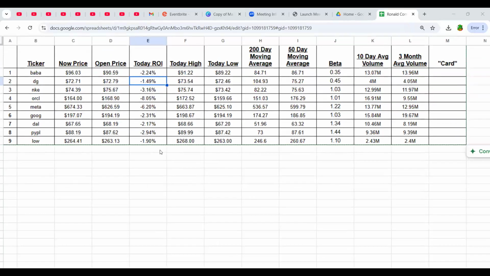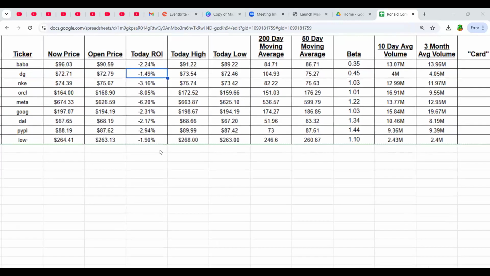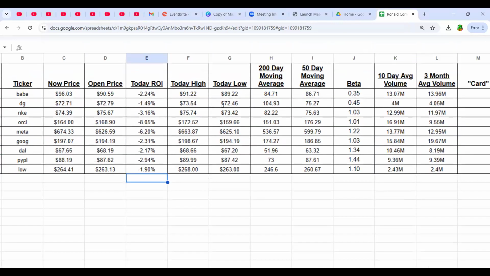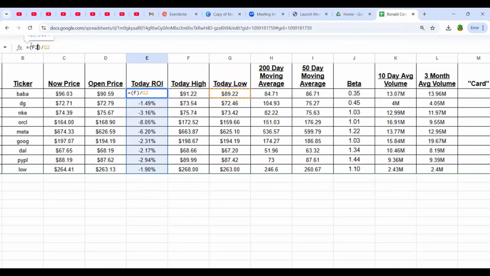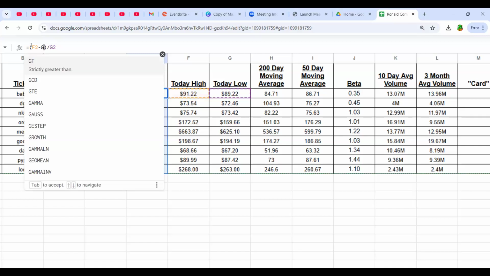All ROI is doing is taking the difference between the low of today and the high of today. It reflected F2 minus G2.